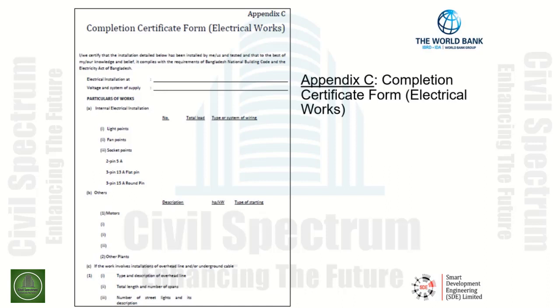It indicates that this is a certification that the installation detailed below has been installed by the person responsible for installing the work, and indicates several lines that need to be filled out. The electrical installation at a particular location is required. The voltage and system of supply information is required.